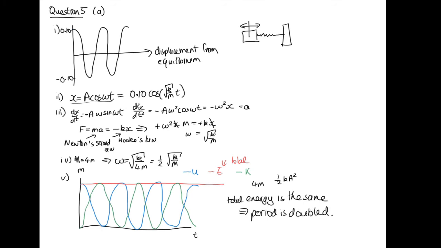So let's take dark blue to be U for 4m, which is equal to capital M. If the period's doubled, that means that when it went down and back up, and then down and back up, it's just going to go down and back up for this heavier case. So we can draw it a bit like that.